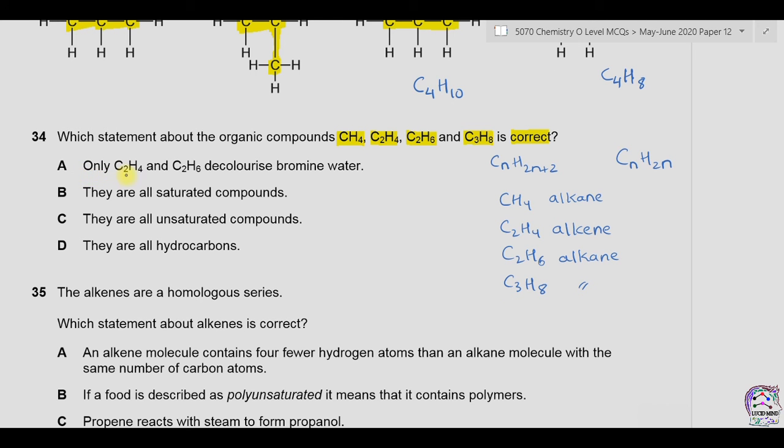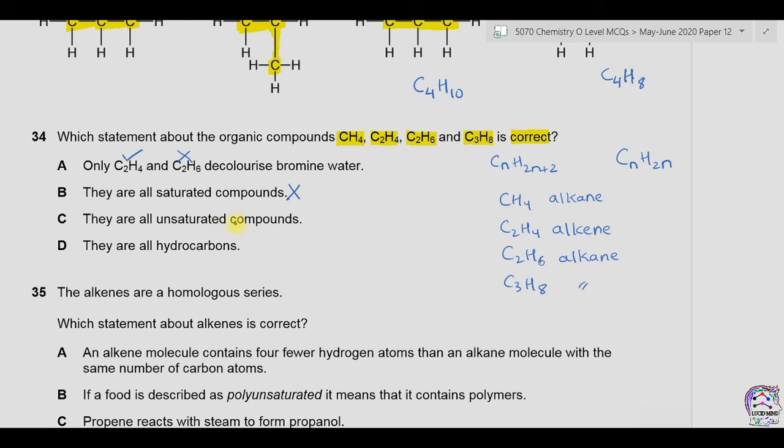Option A, only C2H4 and C2H6 decolorize bromine water. Now bromine water can decolorize only alkenes. It cannot decolorize alkane, so therefore it can decolorize C2H4 but not C2H6. B says they are all saturated compounds, as alkene has a double bond in it, so therefore this is unsaturated, so this is wrong.